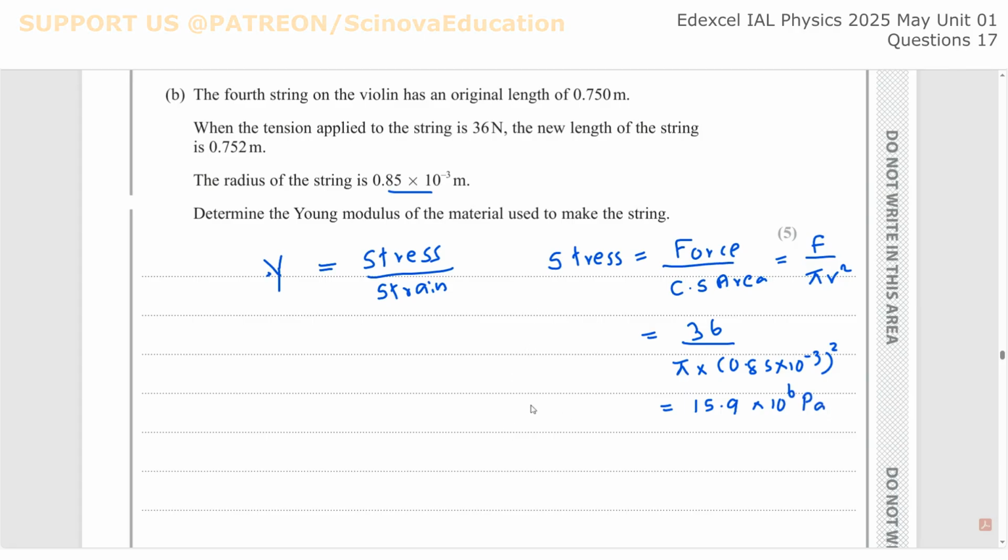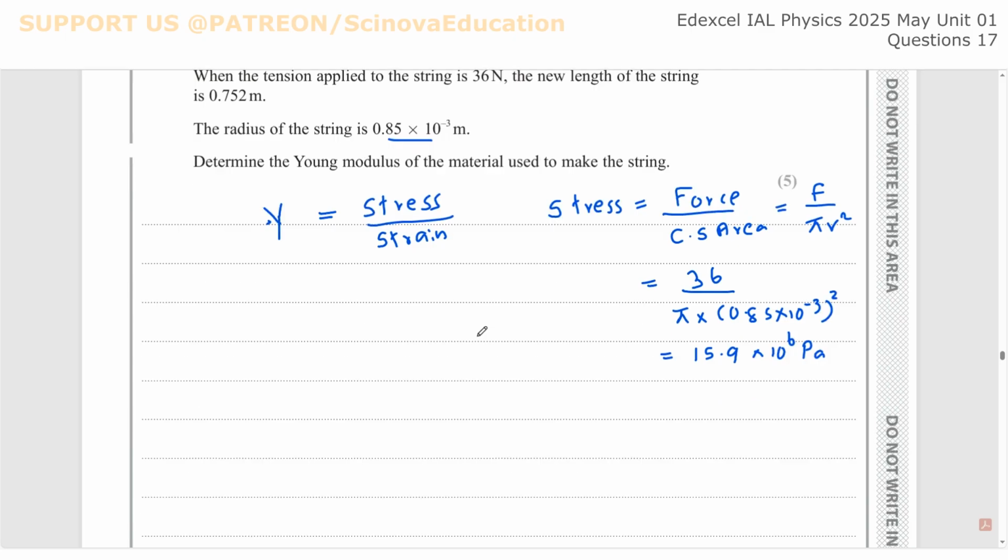The next quantity we need to calculate the Young's modulus is strain of the material. Strain is defined as the ratio between extension and the original length.